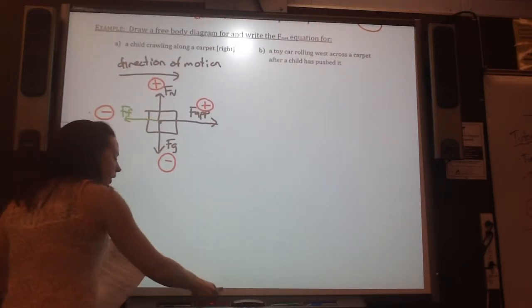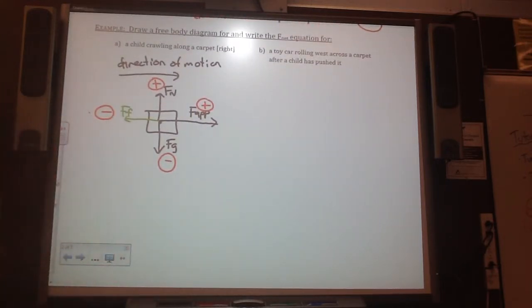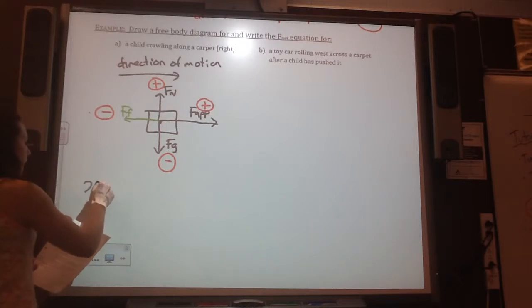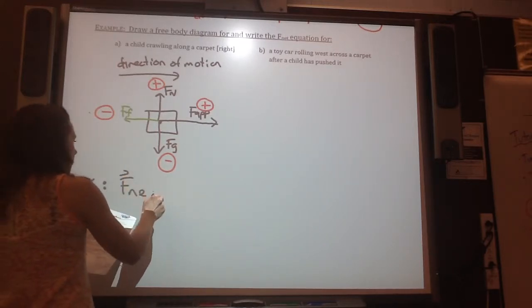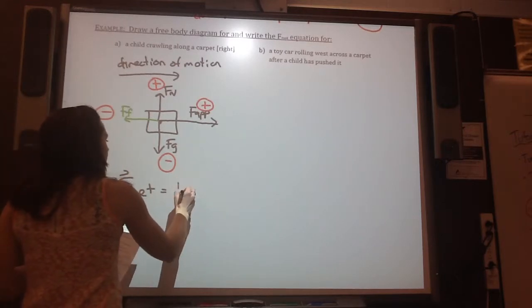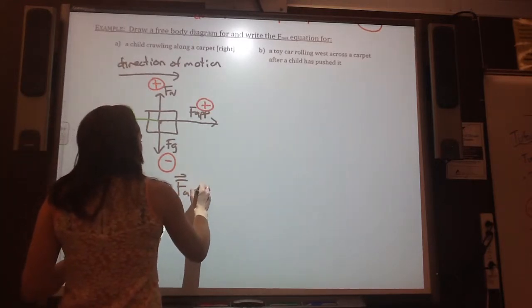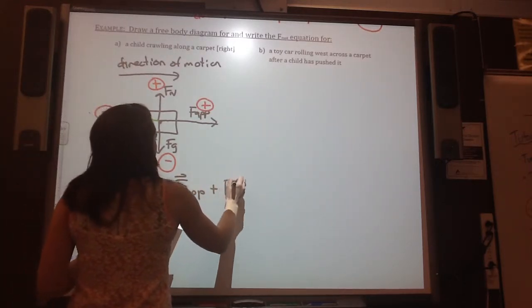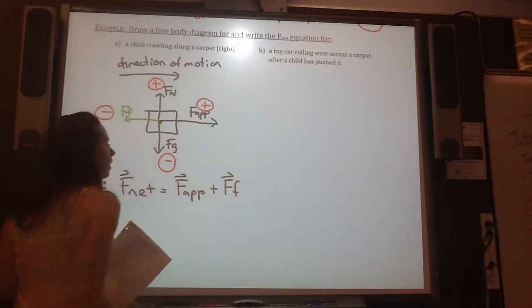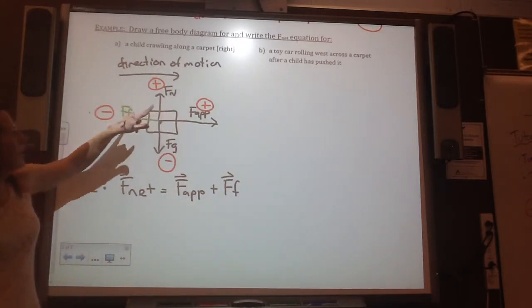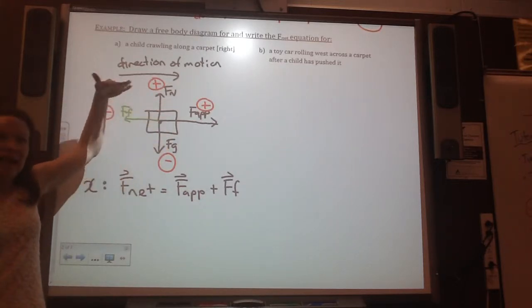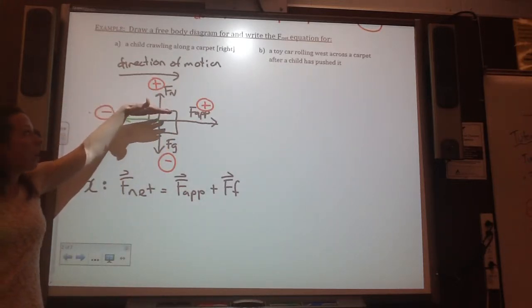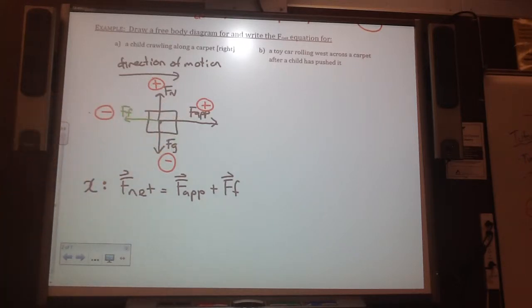So when we look at these as both an x and y vector, I can say all of my x is equal to Fnet is equal to F plus Ff. These two things added together will give me the total F, or the net F, of the child going horizontally.